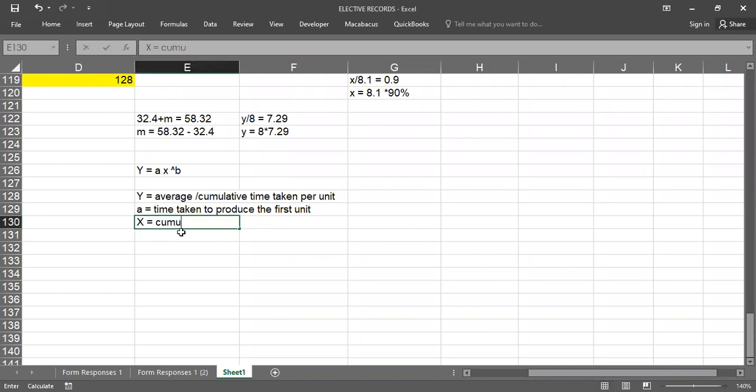Actually, it's the cumulative number of units, the first column that you saw. Then b is a formula. You must know it's log r, where r stands for the percentage rate or the learning rate, divided by log 2. So once you know these, then you're good to go to apply this formula.